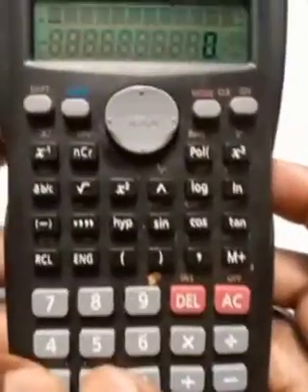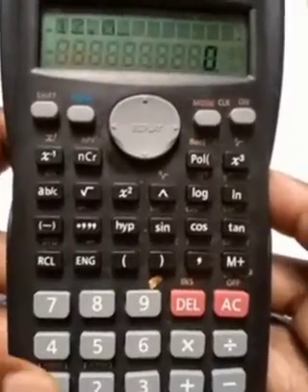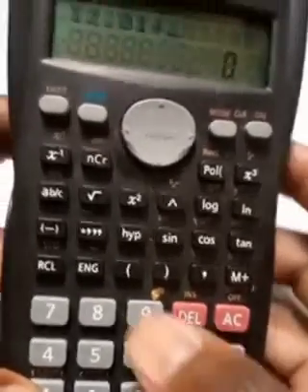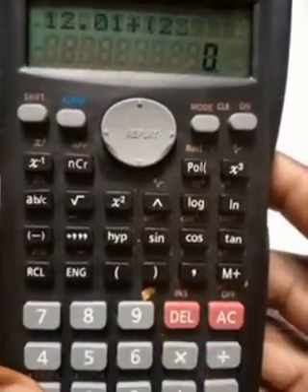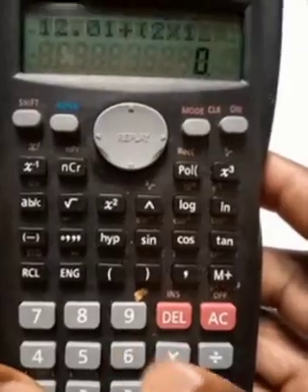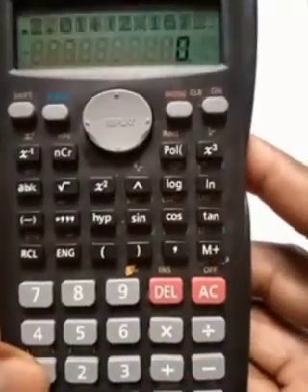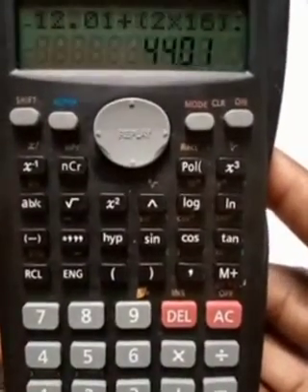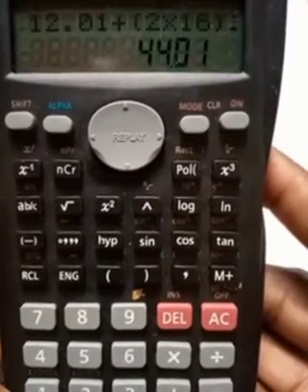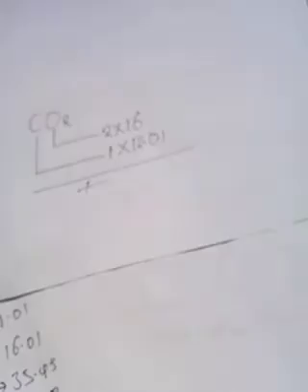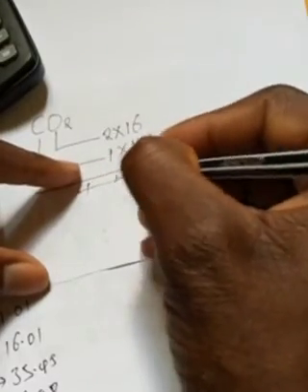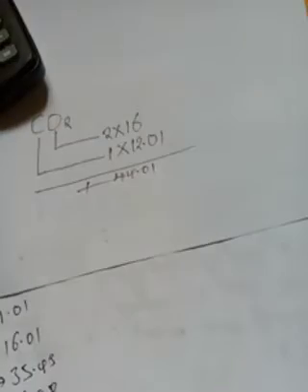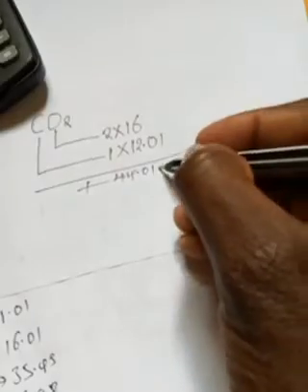I'll say 12.01, plus 2 multiplied by 16, like this. If you say equal to, we are getting 44.01. That becomes the mass of carbon dioxide. You can say 44.01 grams per mole.